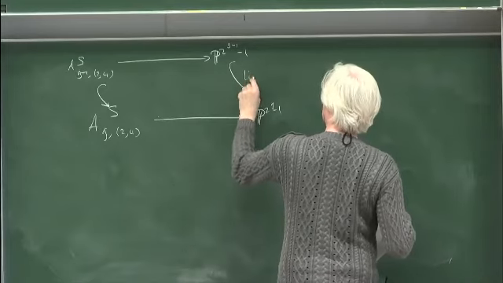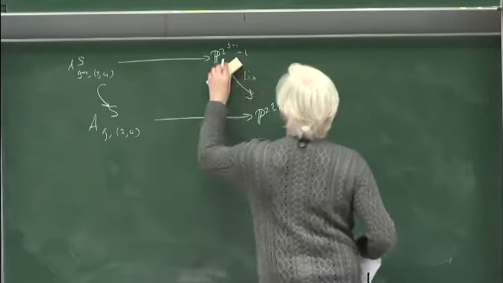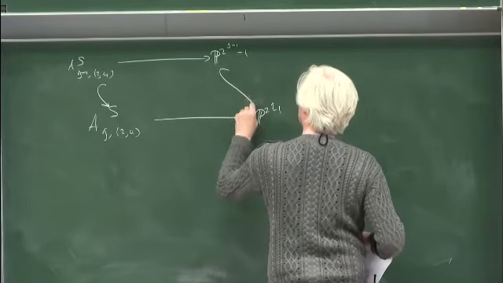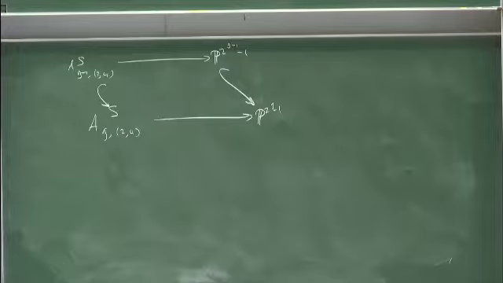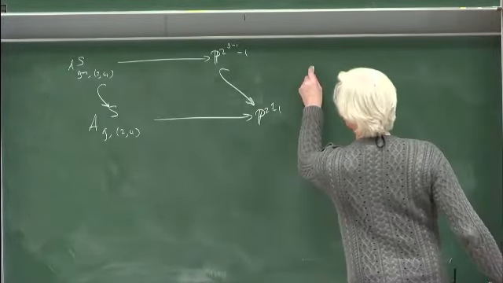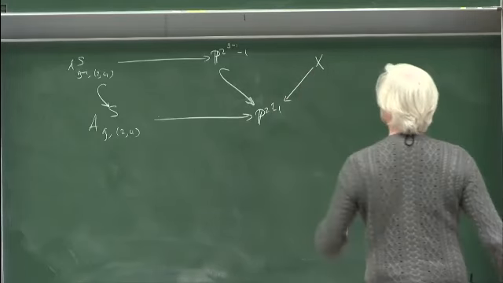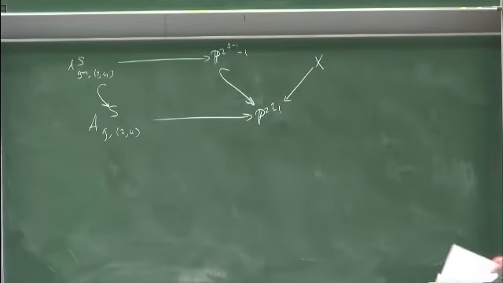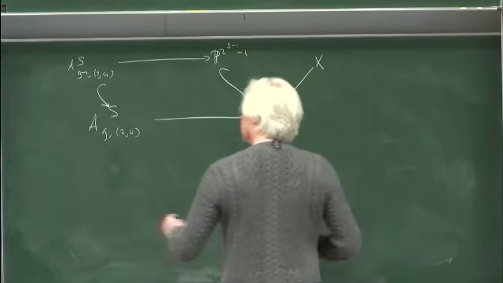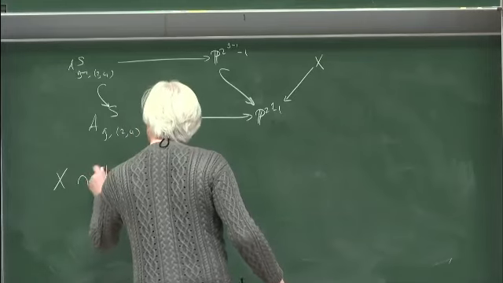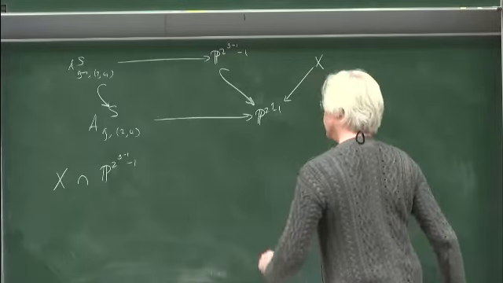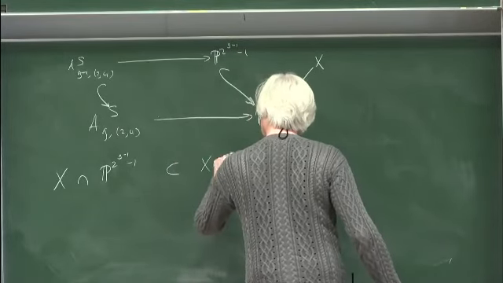This is a linear embedding. So it's a linear subspace of about half the dimension. And then we have this abelian variety sitting in the same moduli space, and its Kummer variety sits in the same moduli space. If I look at the intersection of X with the smaller subspace, this is a finite set. It sits inside the 4-torsion of X, in fact.